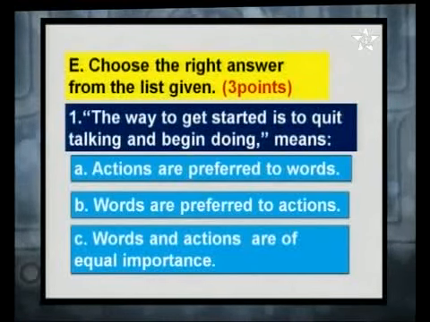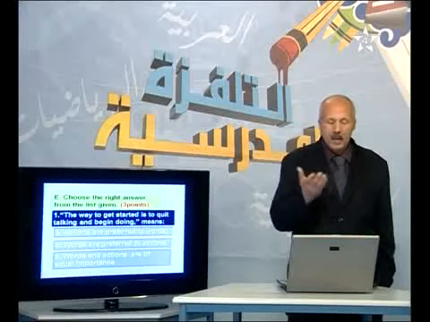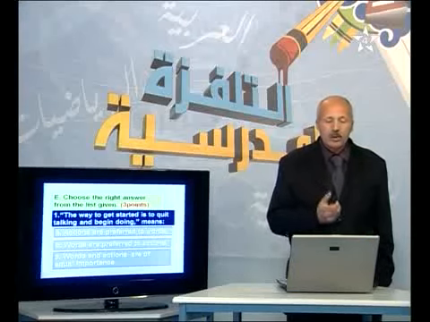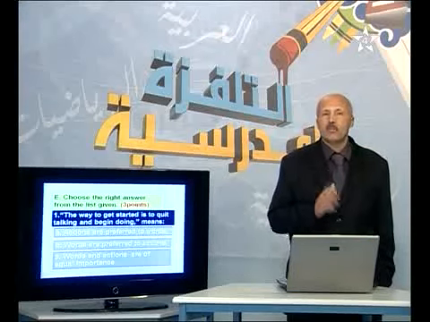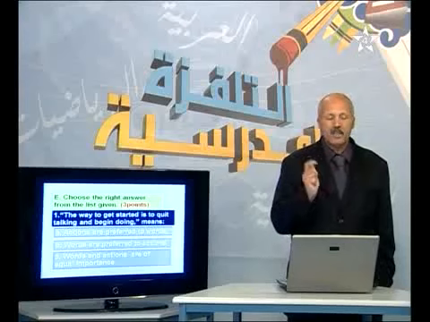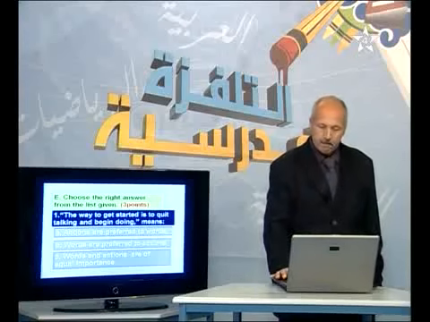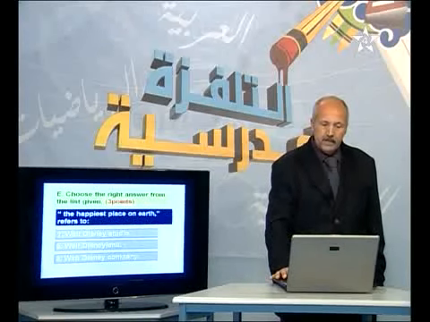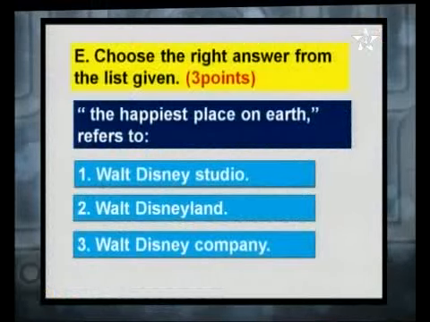All right, now we have had a look at the exam. That is to say, we've had a look at the text, how long or how short it is, and then we've taken note of the questions. We've got 5 types of questions, A, B, C, D, E. And this is the E: choose the right answer from the list given.